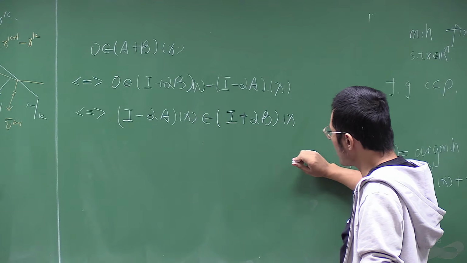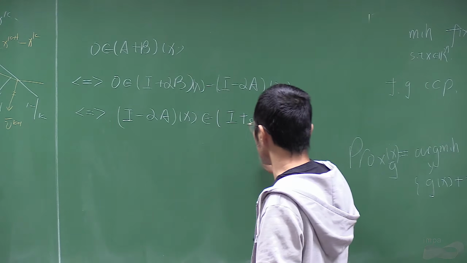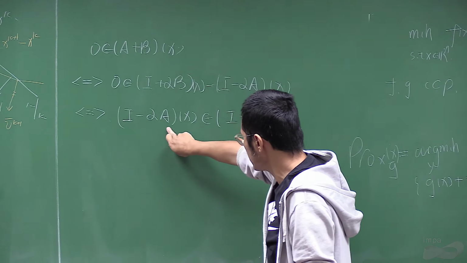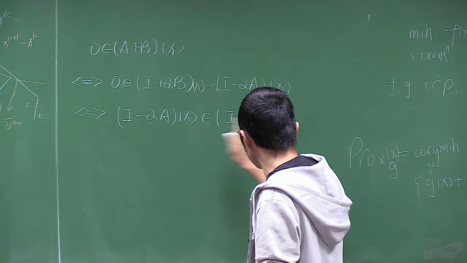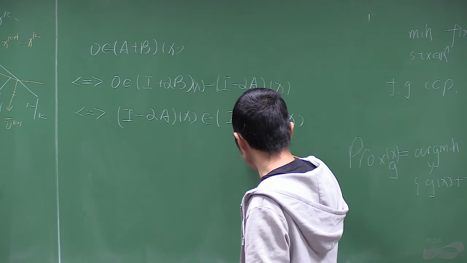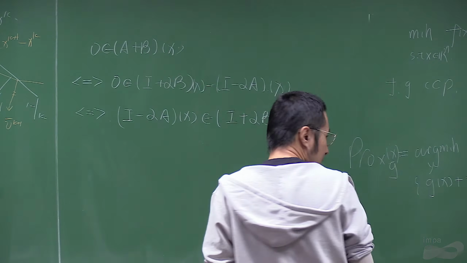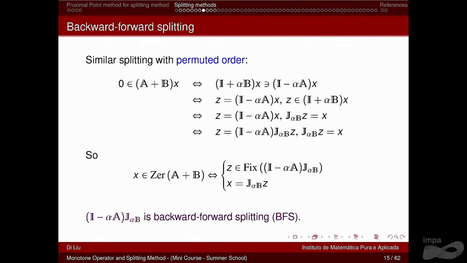In forward-backward, what did we do? We just use the resolvent here. If this is single valued, we use the definition of the resolvent, and we get the forward-backward directly. But here it is different. The difference is we do not assume A is single valued, okay?